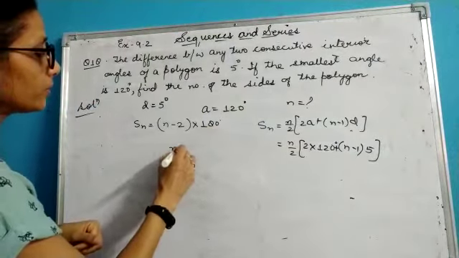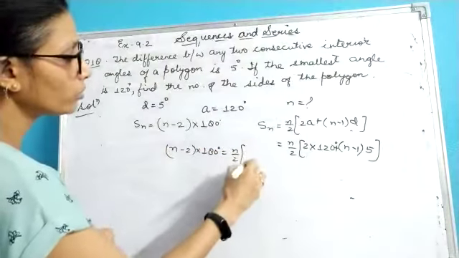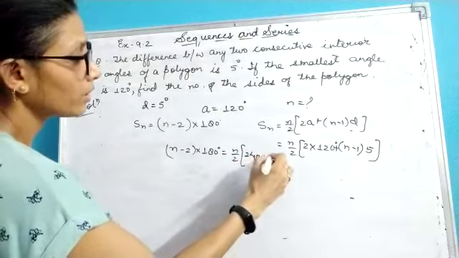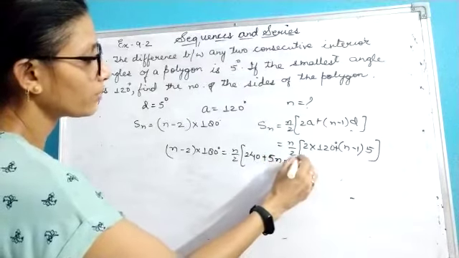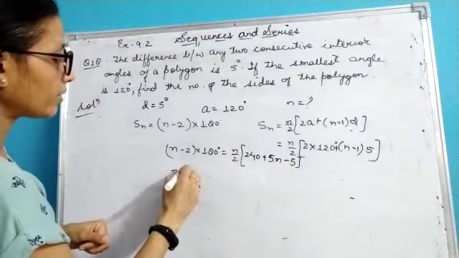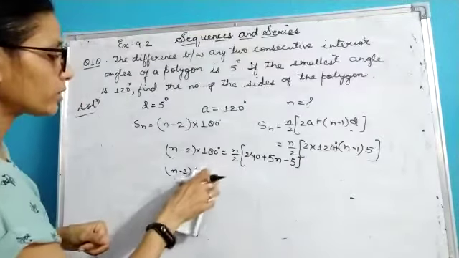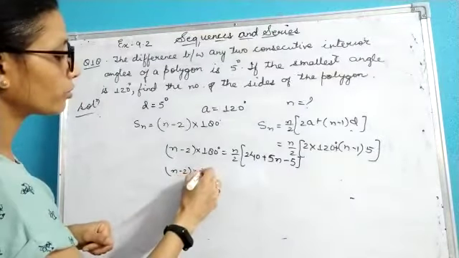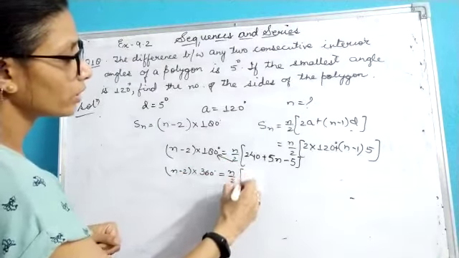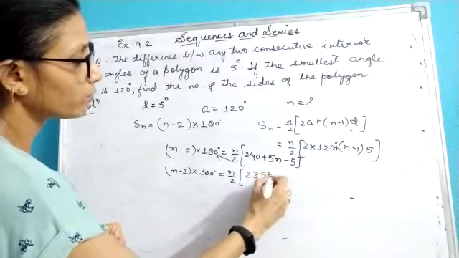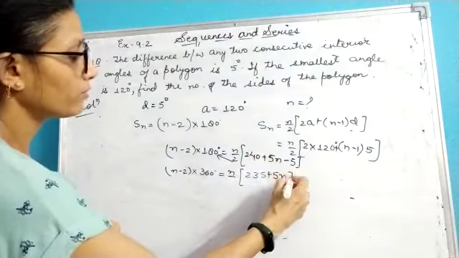So this will be (n minus 2) into 180 degrees equal to n by 2 into (240 plus 5n minus 5). I'm just opening it. So here I'll be getting it as (n minus 2) into 360, because I am multiplying this by 2. This will be then n into (235 plus 5n).